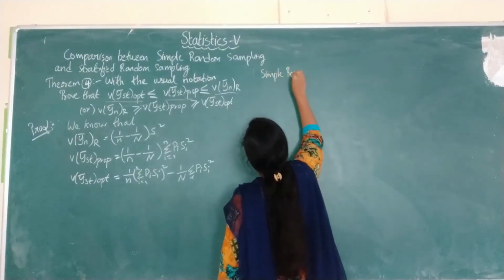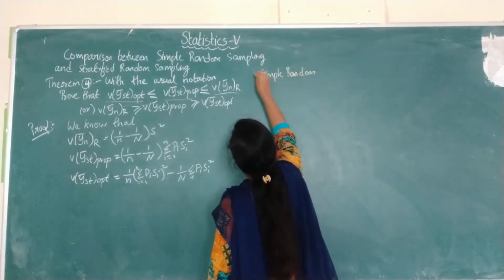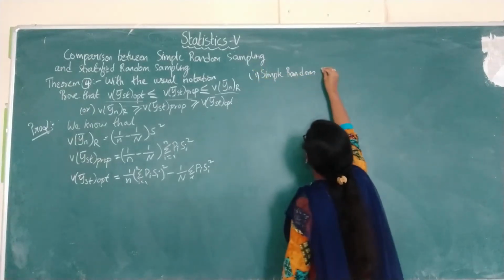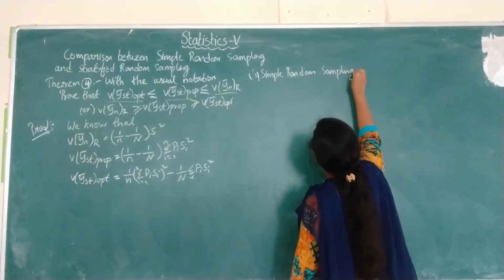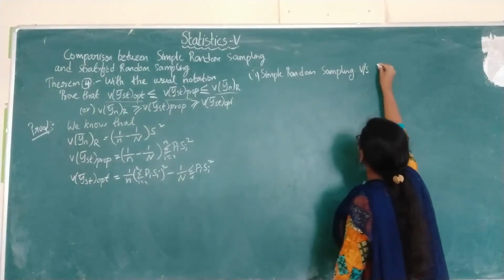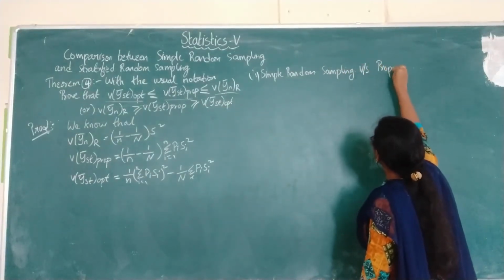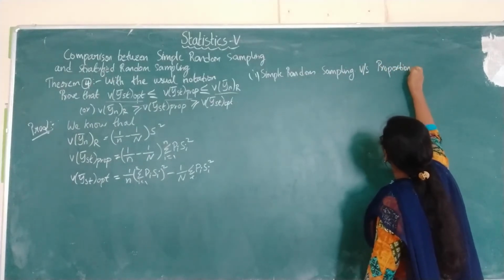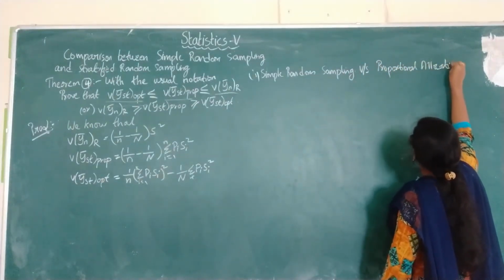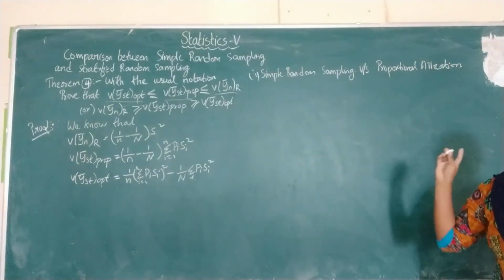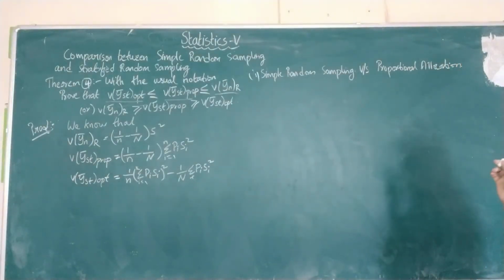Simple random sampling, so first we will do simple random sampling versus proportional allocation. So here we are going to compare only the simple random sampling with the proportional allocation.